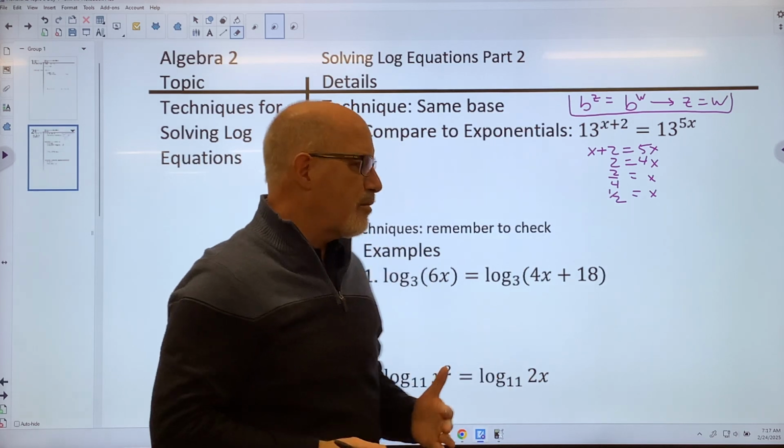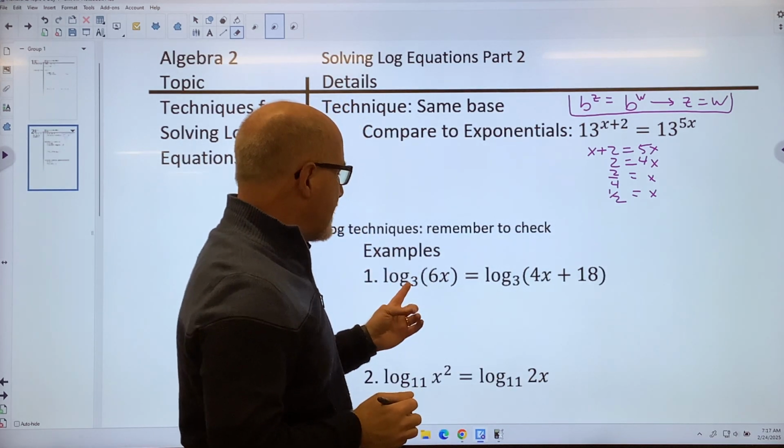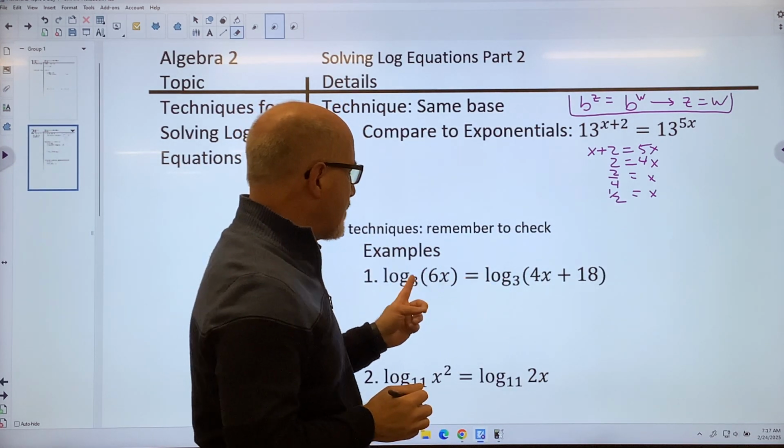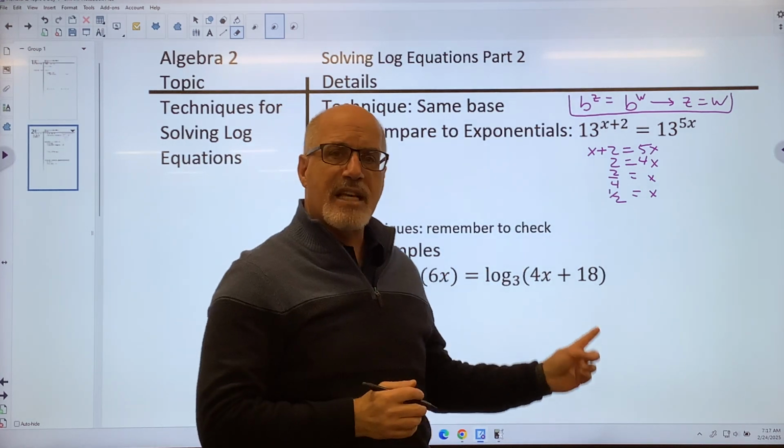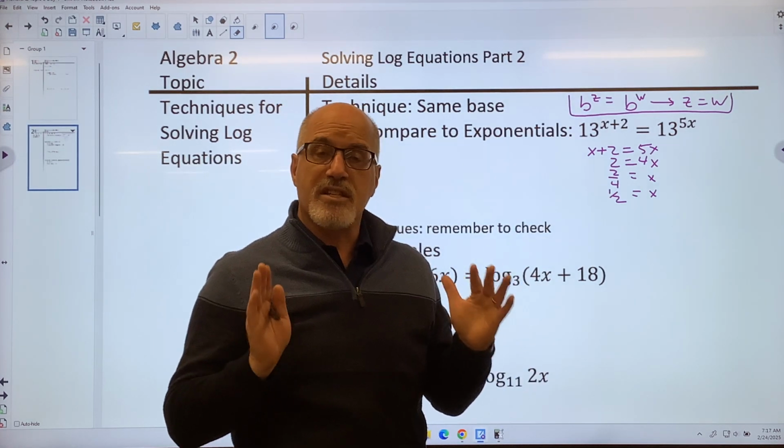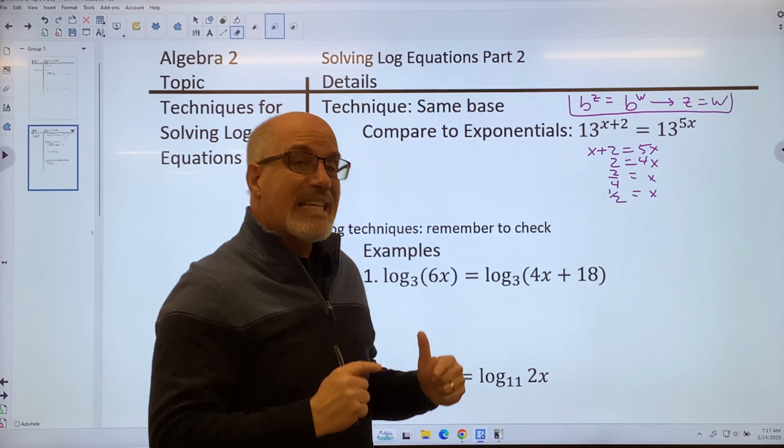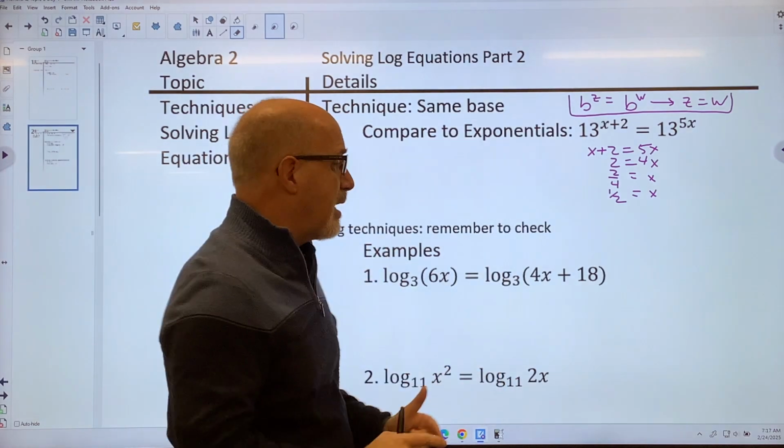There's a very similar one with logs, that if you've got the same base on both sides here, you can set the inside parts. So our objective is to solve log equations. This gives us one more technique to be able to do that.